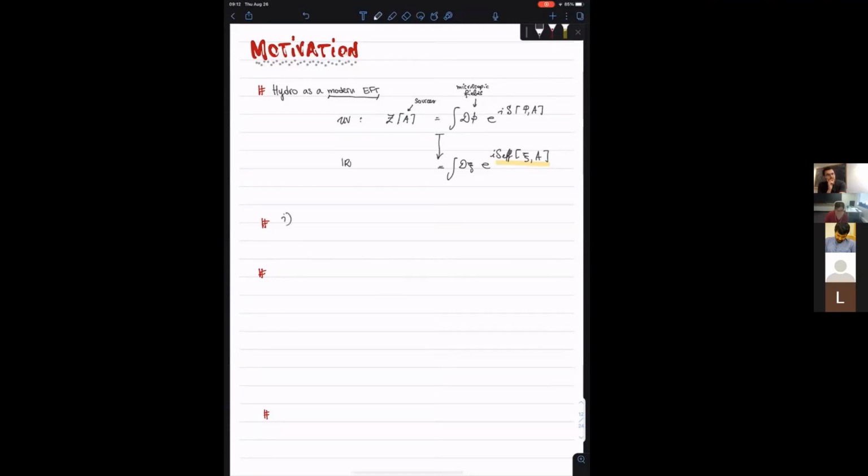So merely identifying what the degrees of freedom for hydrodynamics are, and then imposing symmetries on this effective action, and constructing the most general effective action that is compatible with these requirements in the case of hydrodynamics.